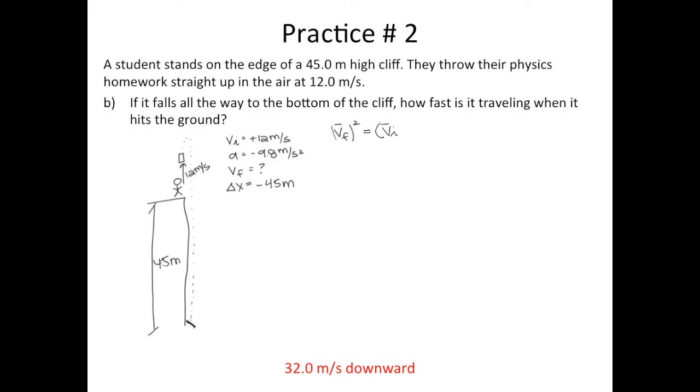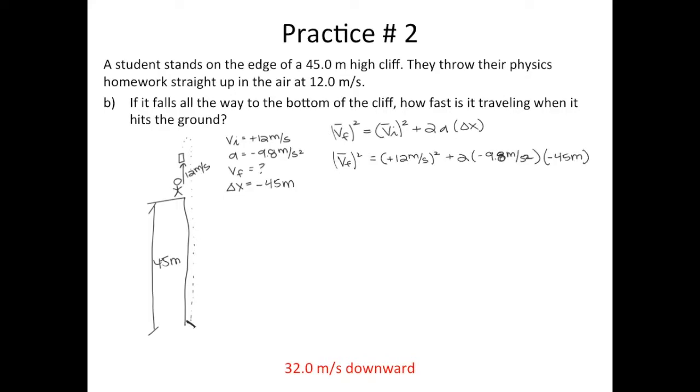So plugging in, v final squared equals v initial squared, so positive 12 meters per second squared, plus 2 times negative 9.8 meters per second squared, times negative 45 meters.